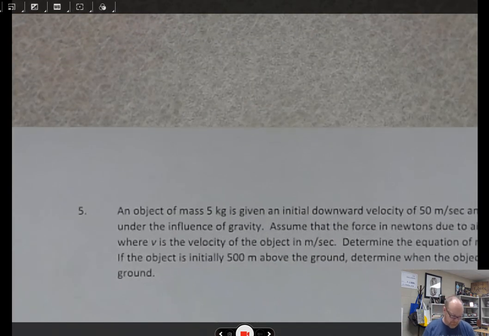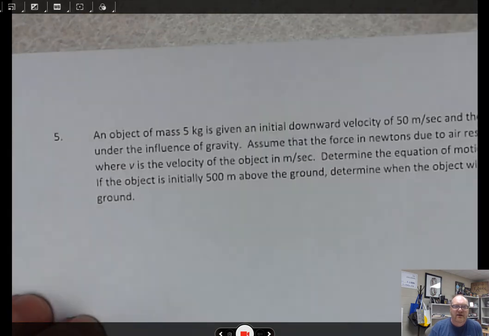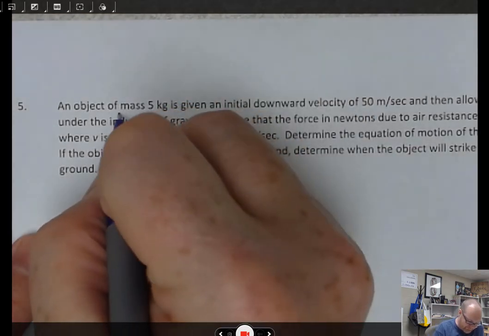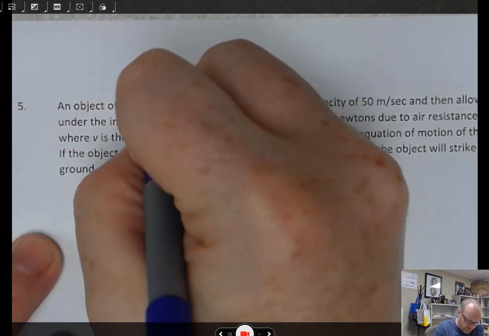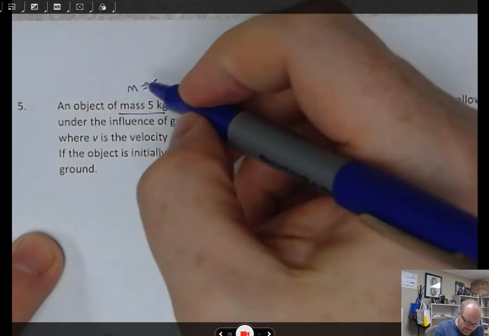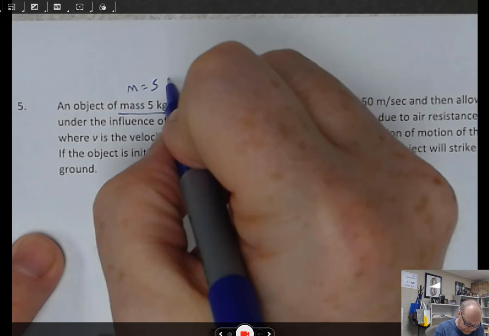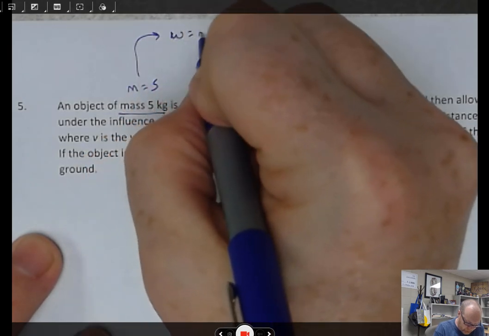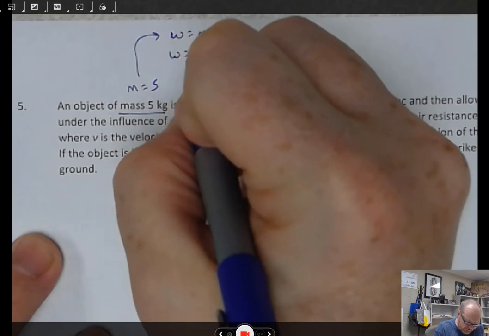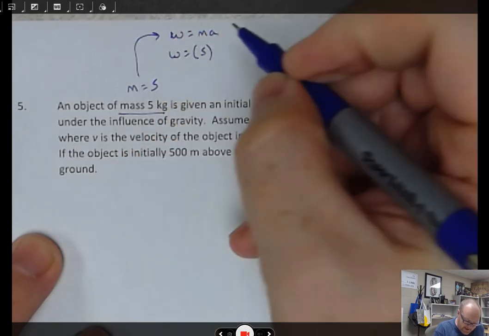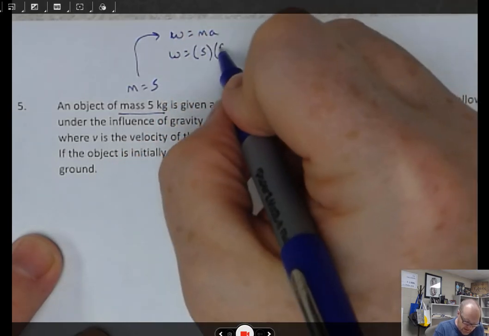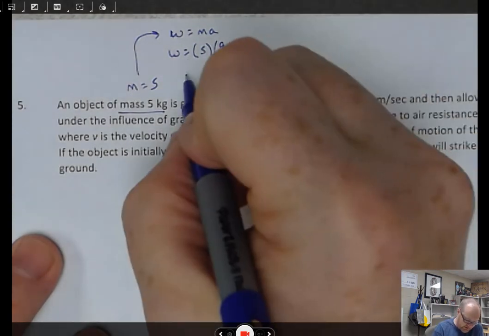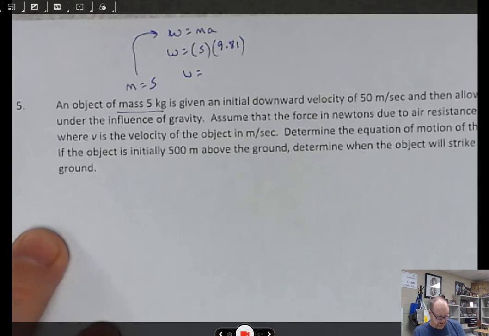Number 5, that's the other one I want to think about because my units change, and it says an object of mass 5 kilograms. So I may need the weight. And so the weight of the object here is mass times the acceleration. And again, I'm in the metric system this time, so that's what's going to change for that value.